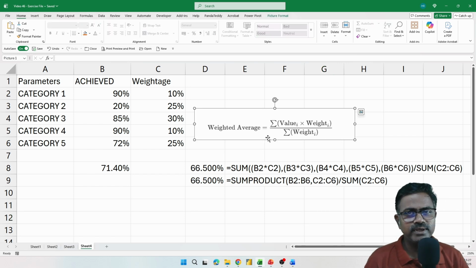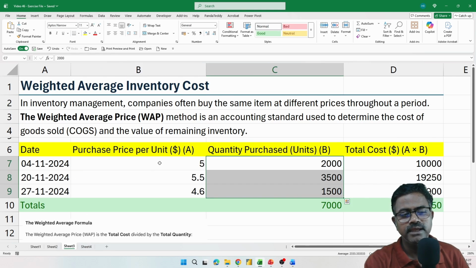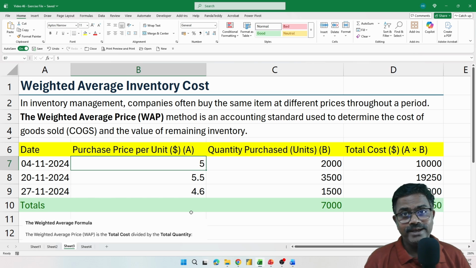Now let's take examples quickly on the corporate side, how you can take this forward by utilizing the efficient way of calculating, which is sum product. The example I'm going to take here is, let's say I want to calculate the weighted average inventory cost. Let's say I'm the person managing the inventory, and I am purchasing the same product at different prices on different days.